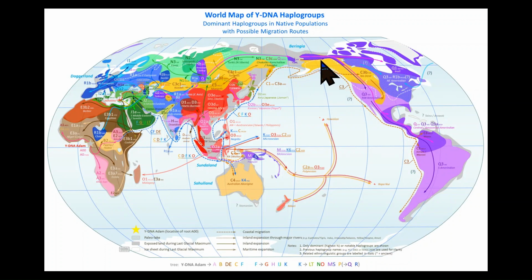You see it here, and you see it spread out over Western Eurasia, over Australia, and C, just like Q, once covered all the world, except Africa.